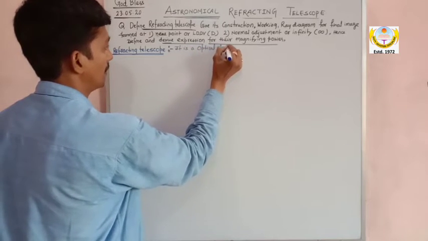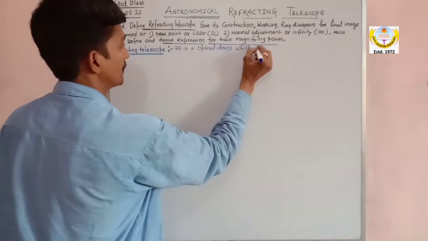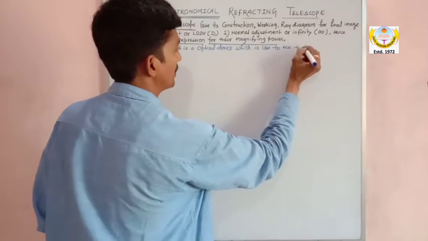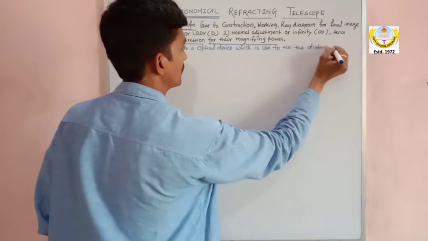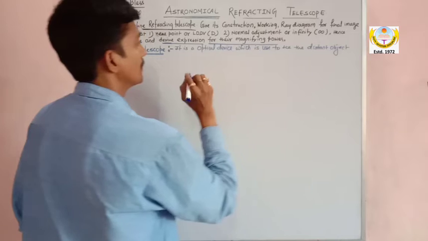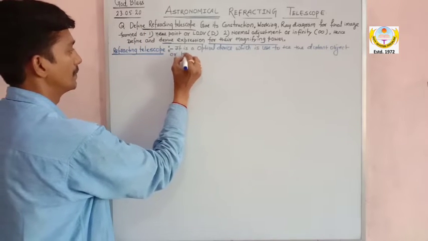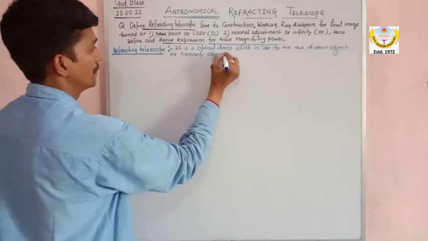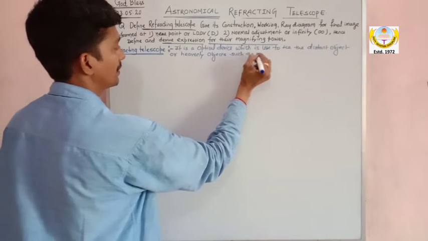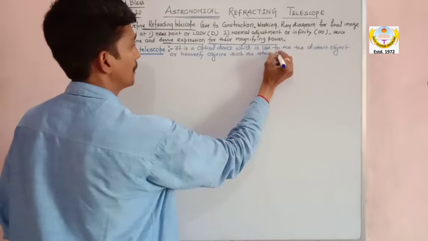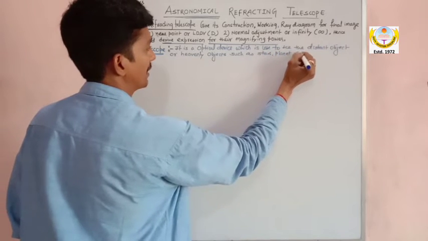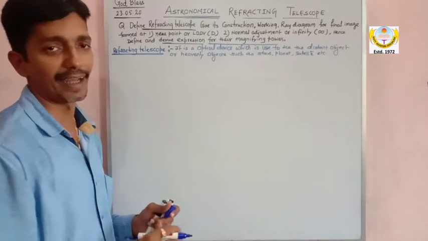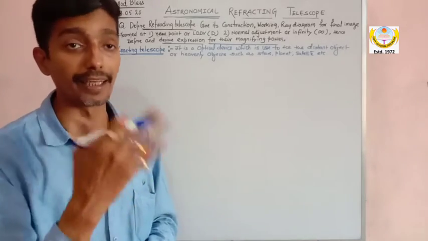It is an optical device which is used to see distant objects or heavenly objects such as stars, planets, satellites, etc. So here, my dear, I have completed all the three with what they are.